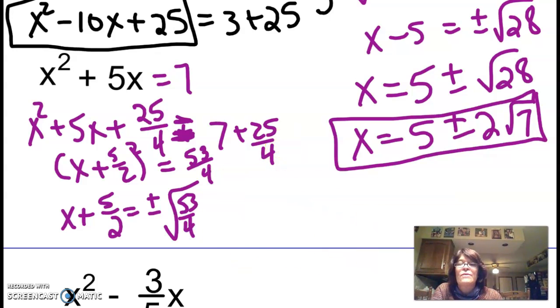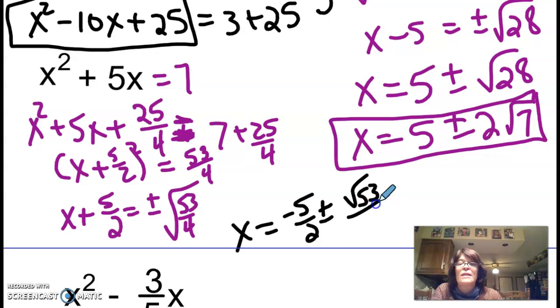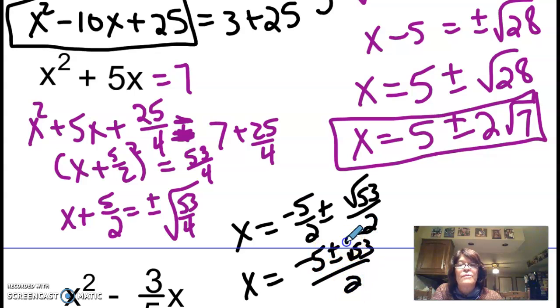Okay, and when I do that, I'll subtract the 5 halves to the other side. So I have negative 5 halves plus or minus the square root of 53/2. Notice I took the square root of 4 and just have 2 on the bottom. You might even see it written as negative 5 plus or minus the square root of 53 all over 2.